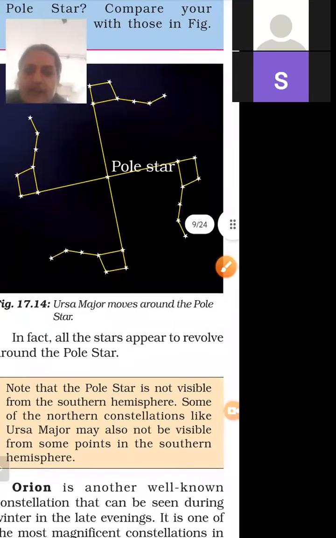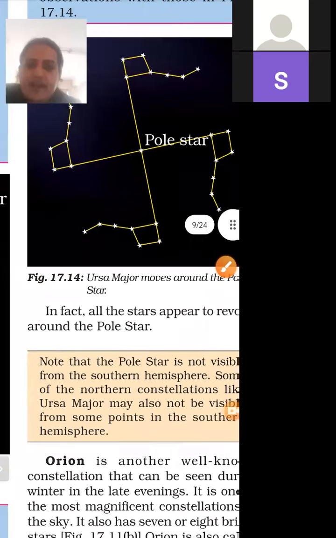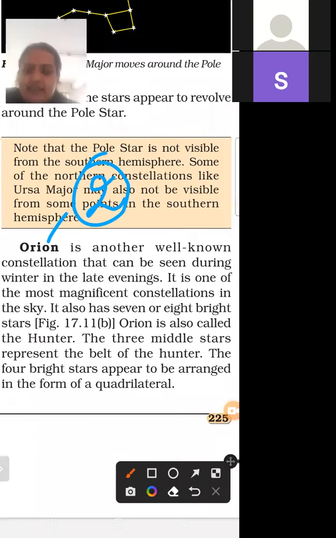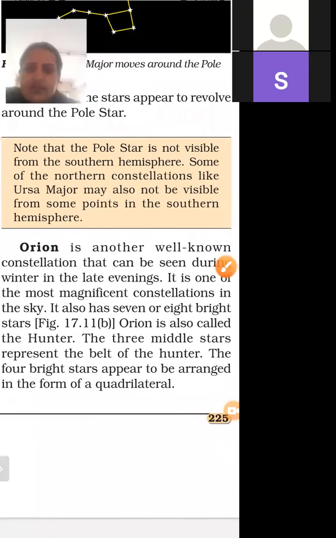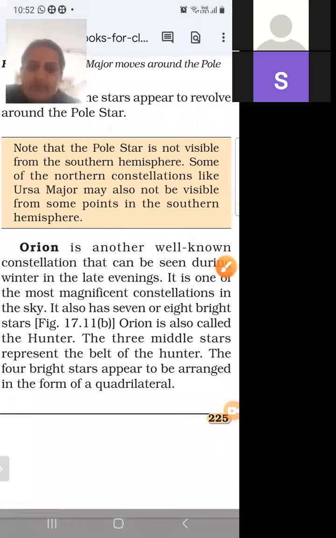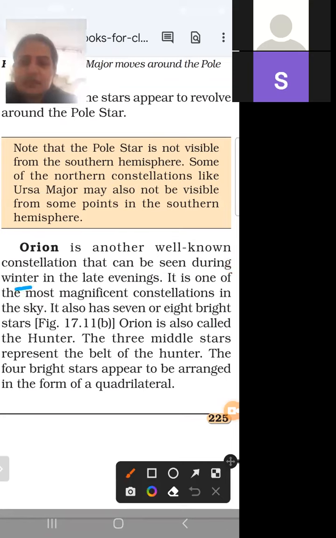Next is Orion. The second constellation is Orion. Orion is another well-known constellation that can be seen during winter.